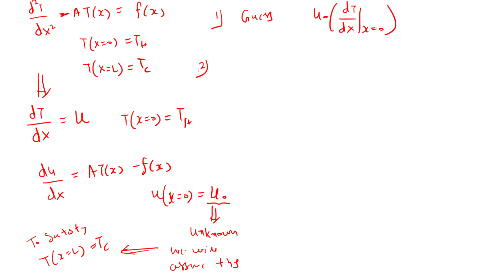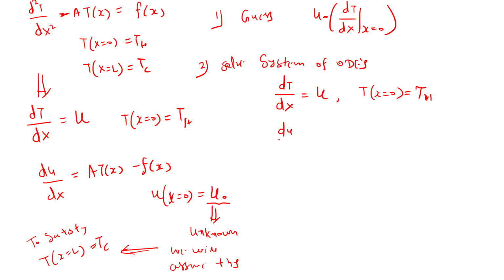The second step is to solve the system of ODEs, that is dT over dx is equal to u, T at x equal to 0 is equal to T h, du over dx is equal to a T x plus f of x, where u at 0 is equal to u naught.